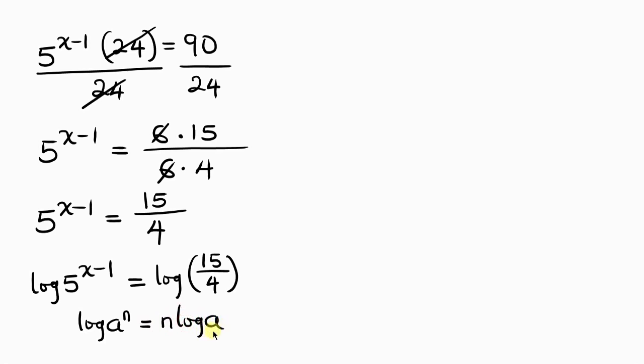So we're going to be applying this law to what we have here on the left-hand side. So this expression can now be x minus 1 times log 5. And this is equal to log of 15 all over 4 on the right-hand side.